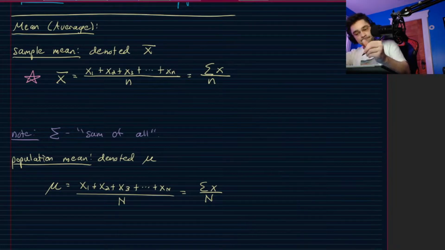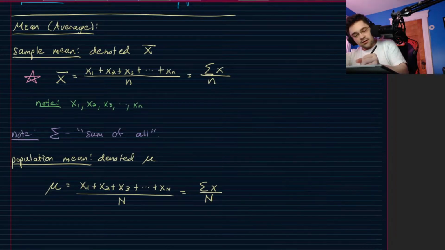Let me put a couple notes here of the notation. So x1, x2, x3, all the way up to the xn are just data values. First data value, second data value, nth data value.